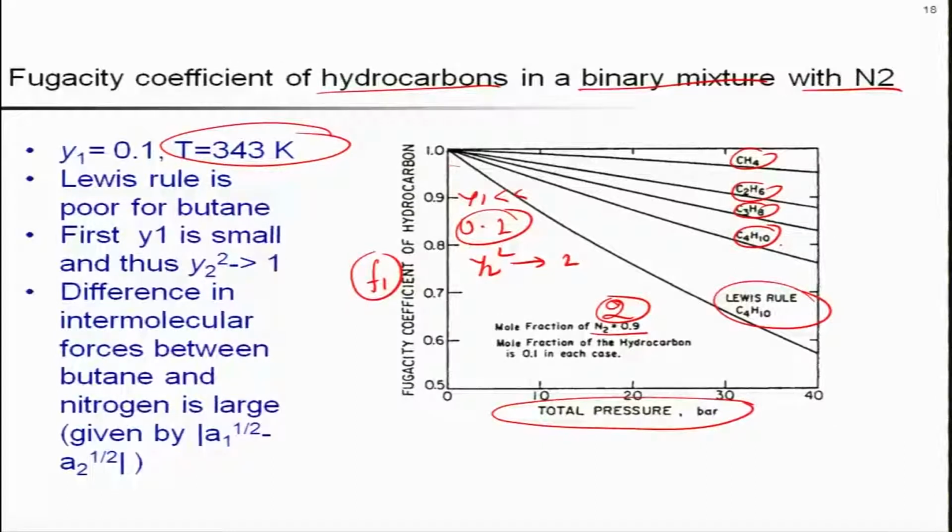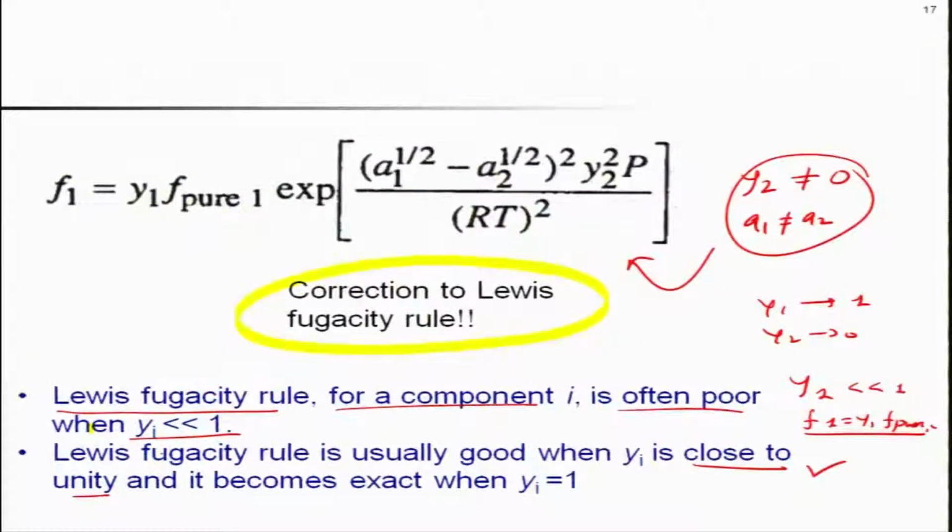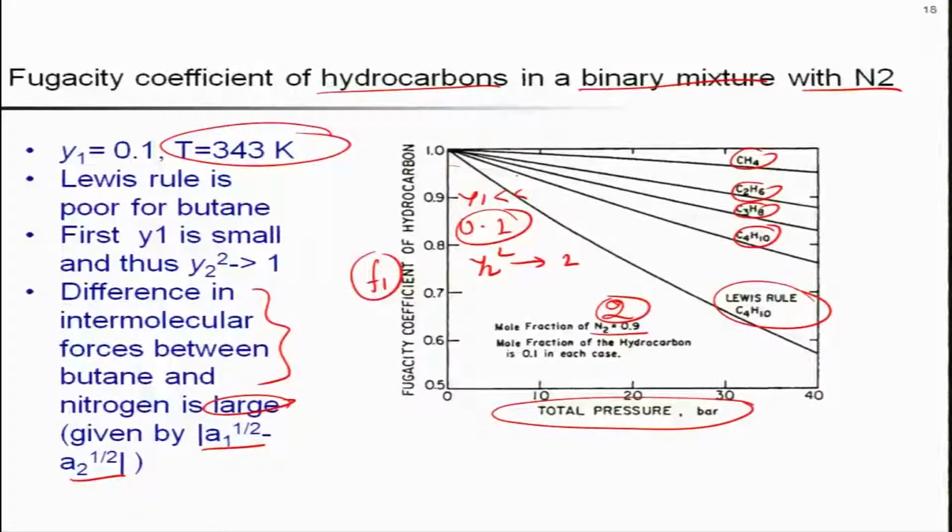But there is another important thing: in addition to the composition, the sizes of hydrocarbon and nitrogen are quite different, and the intermolecular forces are also different. So, the difference in the intermolecular forces between butane and nitrogen is large, which means this value is going to be non-zero. That means in addition to this term, this is also playing a role in this case, because these are dissimilar molecules, and thus it deviates.